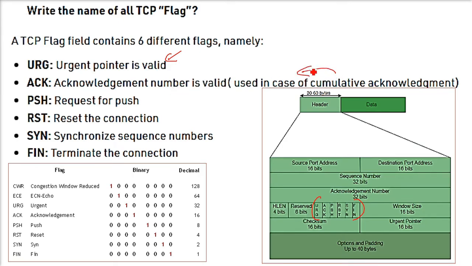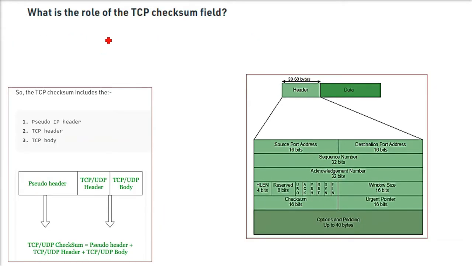And then the acknowledgement, ACK, which is very important. ACK becomes 1 or 0 depending upon whether it is an acknowledgement or not. Then PSH, request for push, RST, reset the connection, then SYN, synchronize the sequence numbers, which is used when the connection is established. When we terminate the connection, it will be FIN. All of them have either 0 or 1 value.